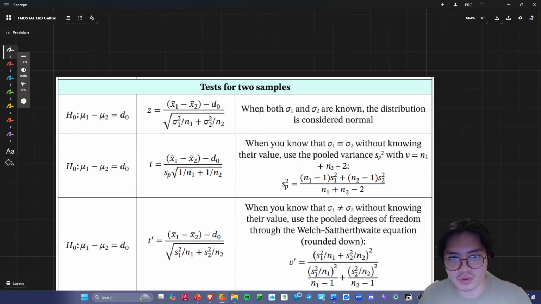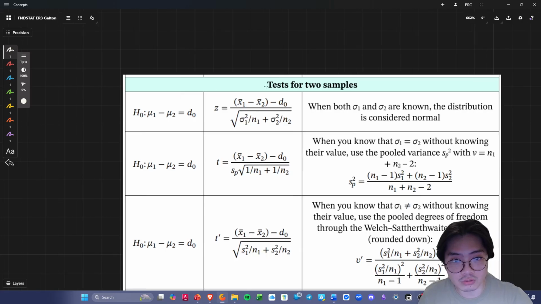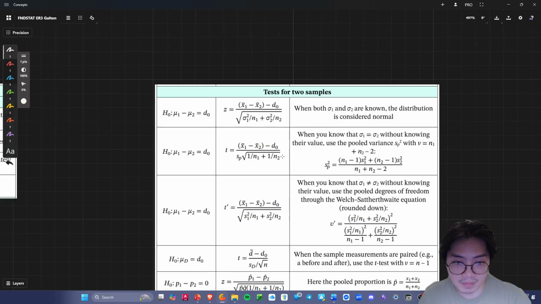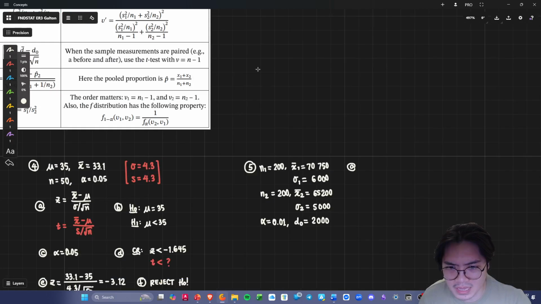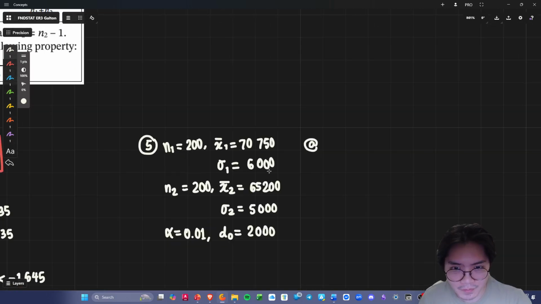It seems that when both sigma 1 and sigma 2 are known, the distribution is the Z, plus again, like the t-tests, for this big of a sample.